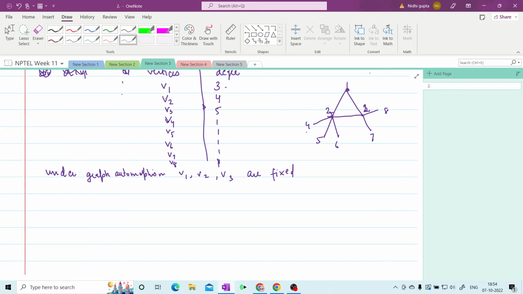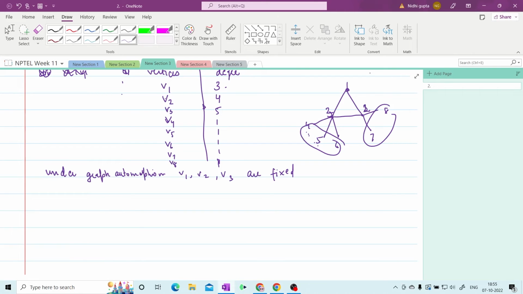So 4, 5, 6 can only go to each other. These three vertices should permute among themselves, and these two vertices should permute among themselves.